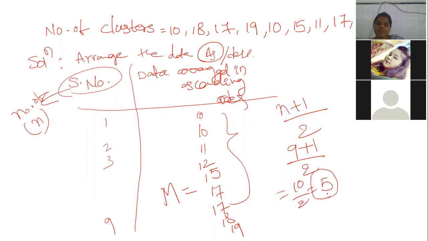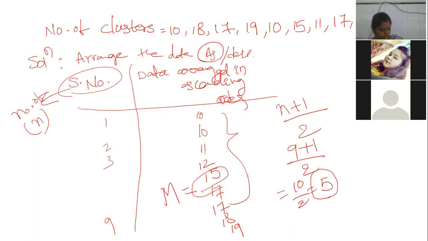So it is the size of the fifth item. What will it be? The size of the fifth item is 15. So the median is 15.